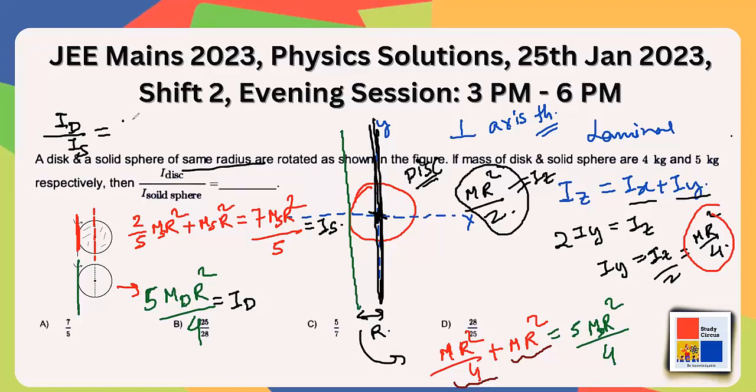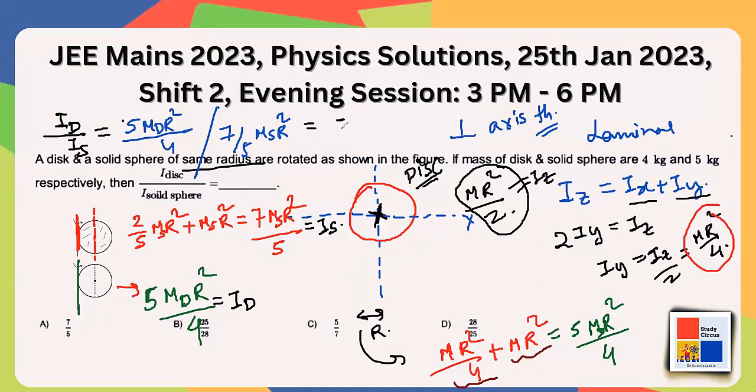So Id is 5 md r square by 4, upon 7 by 5 ms r square. This is going to be ultimately 5 md by 4 into 5 upon 7 ms.